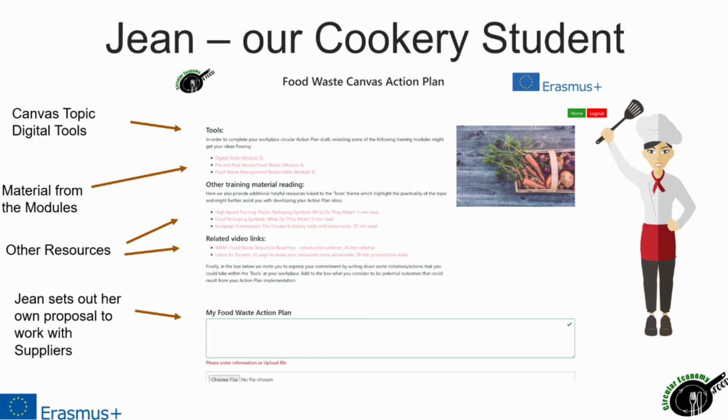There's some additional material, and then finally some related video links that might be useful. At this point then, Jean chooses to write into this box some of the text that she would like to use in order to describe an action that she can choose.